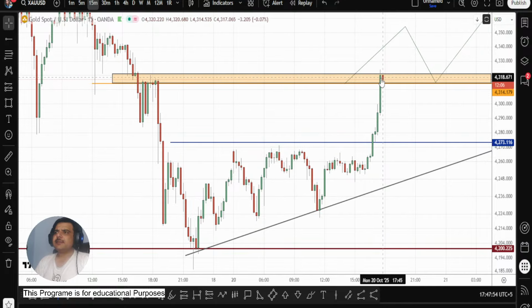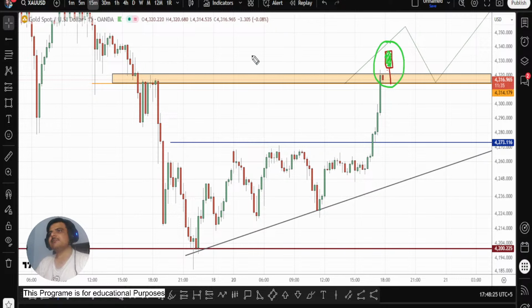At this stage it's not very clear, because ideally I look for this thing. Or let me draw the candle. One more candle should close above this in green like this, and then I will be in a much better position to say that this is now a confirmed breakout.